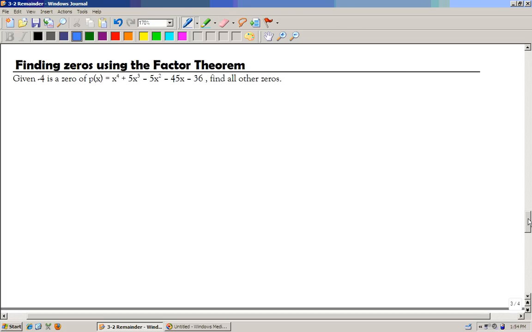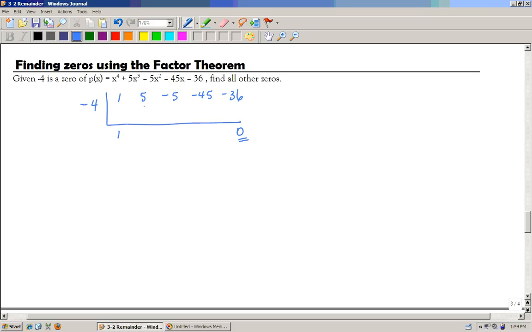Now for finding zeros using the factor theorem, say negative 4 is a 0 and you want to have all the other zeros listed. Negative 4 should be able to go into this polynomial with a remainder of 0. So our coefficients are 1, 5, negative 45, and negative 36. We should get a 0 on the end if this actually is a 0.